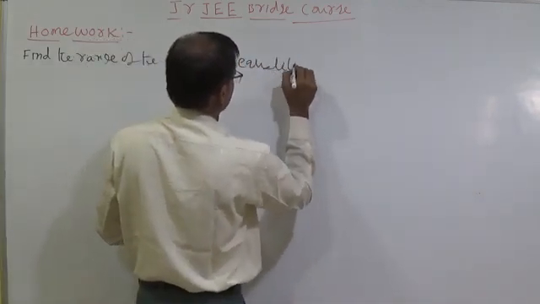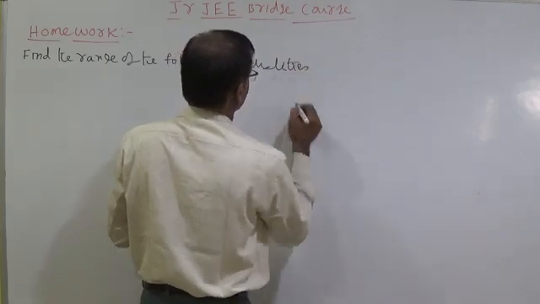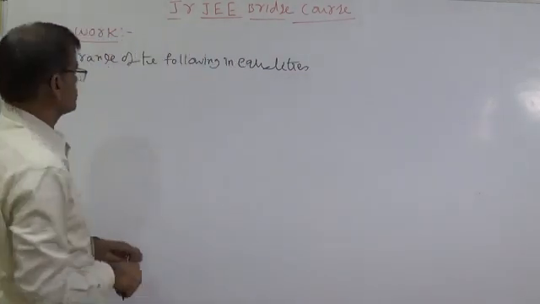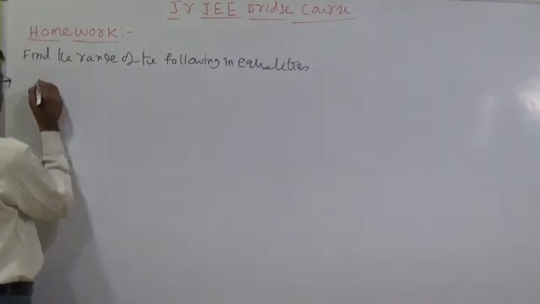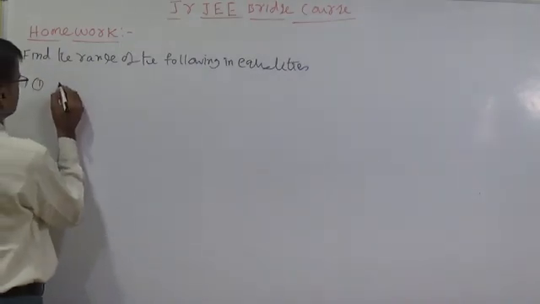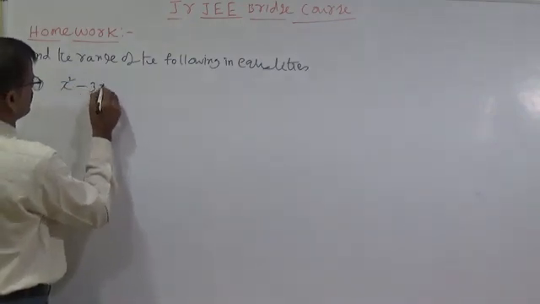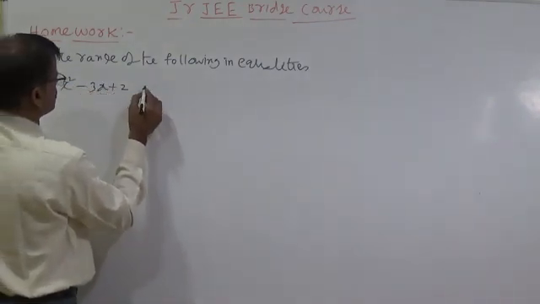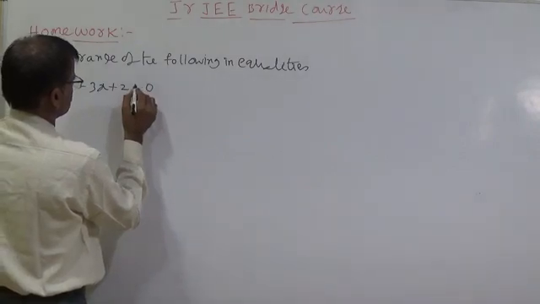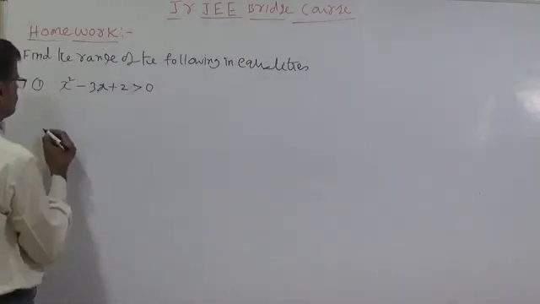It is nothing but intervals, the following inequalities. Let us discuss the first one. x square minus 3x plus 2 greater than 0.